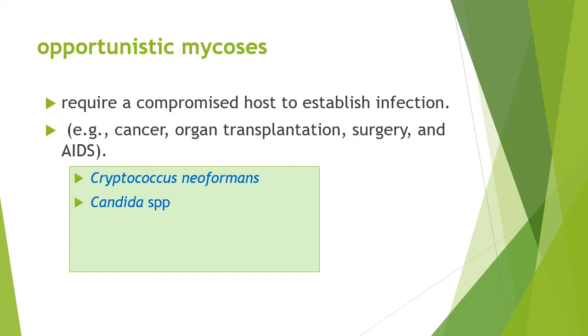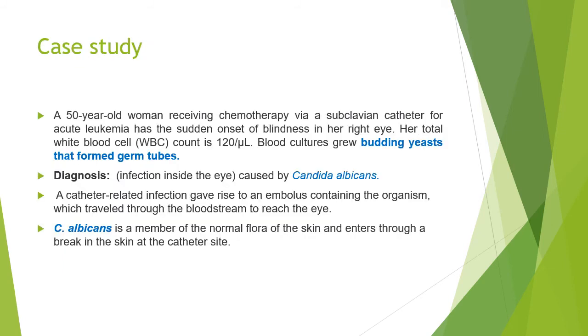Candida species is another opportunistic mycosis that happens in reduced immune patients. Aspergillus species, as well as different types of histoplasmosis, can also be common opportunistic mycosis.